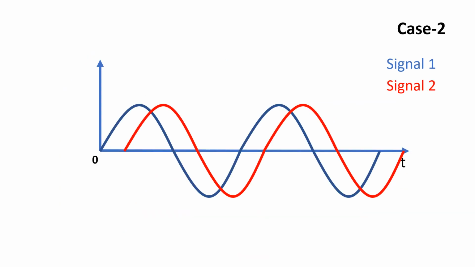In case 2, we can see signal 1 and signal 2 having the same amplitude and frequency, but they have some phase difference. If we take the difference or addition of these two signals, then it would be a non-zero value, and this value will change with the phase difference between the two signals.